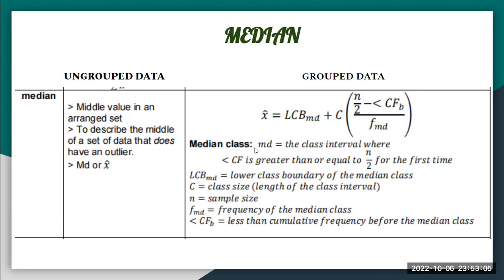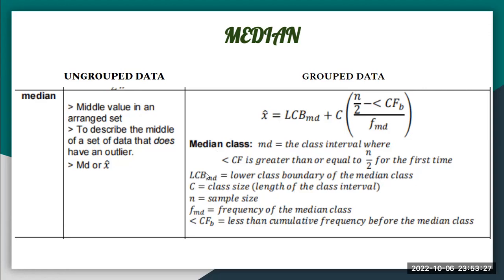Ito yung formula. So median class, MD, that is the class interval wherein the less than CF is greater than or equal to N over 2 for the first time. And then LCB is the lower class boundary of the median class.